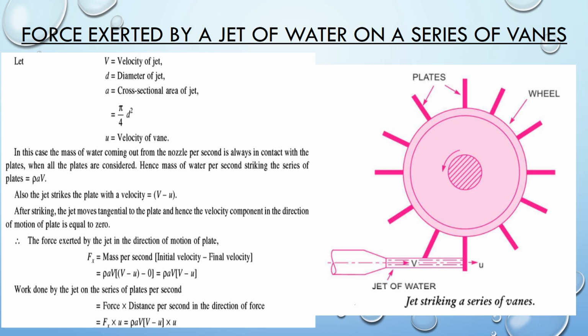In actual practice, we find that, especially in the case of turbines, a large number of plates are mounted on the circumference of a wheel, which are fixed distances apart.